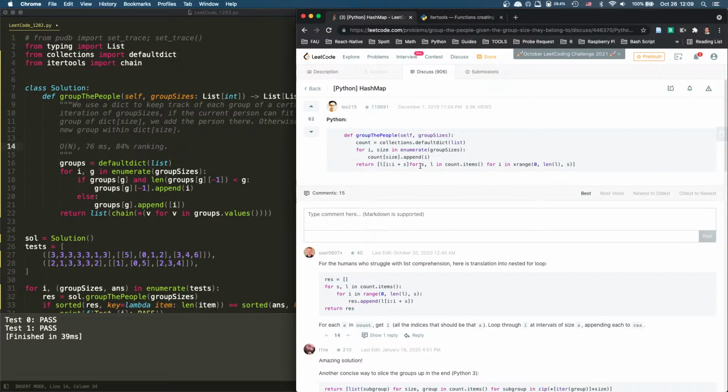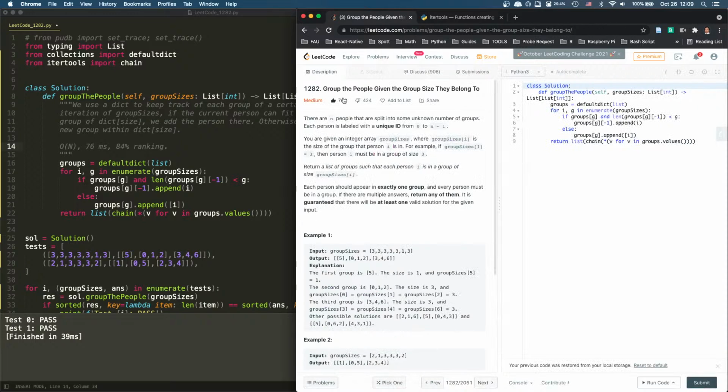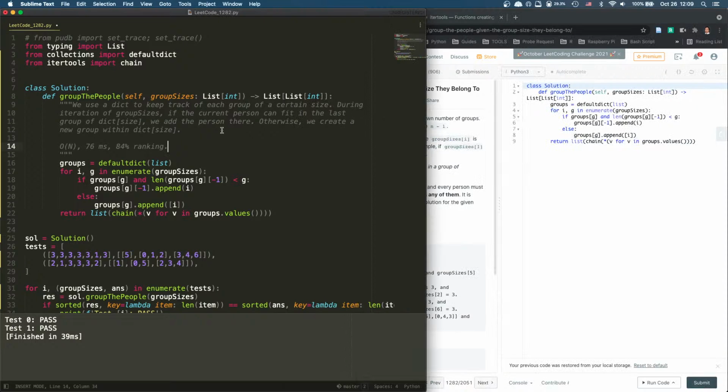So for each size, count the items, for i in range 0 to this. Nice. Good solution. That was a long time ago. All right, yeah, I like this problem.